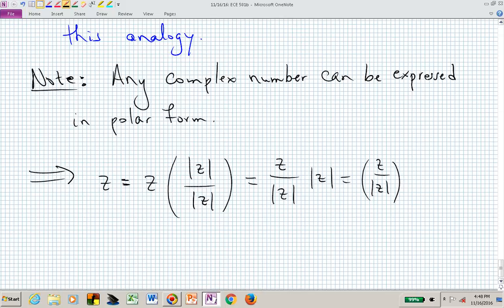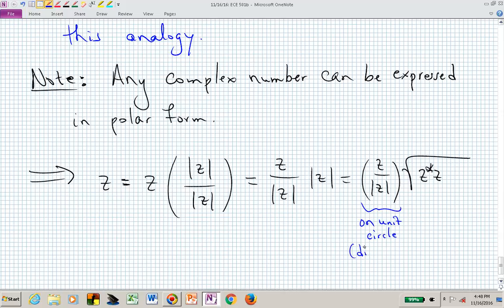And the other piece is just the magnitude, but let me write that a little different way. I can say, oh, if I take the complex number and multiply it by its conjugate, and then take the square root, because z times z star is z squared, right? Let me just take the square root of that, so that I now have the square root of z conjugate z. Or this is now, if you wanted to think of it, this is on the unit circle. We've now simply normalized our complex number by its magnitude.